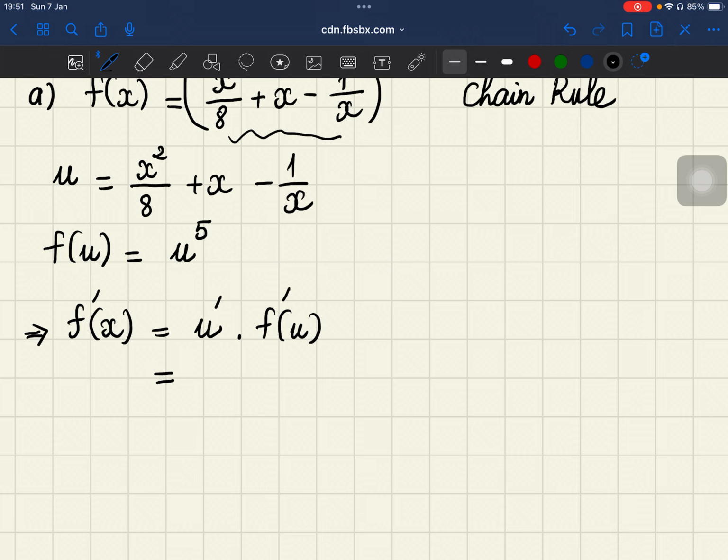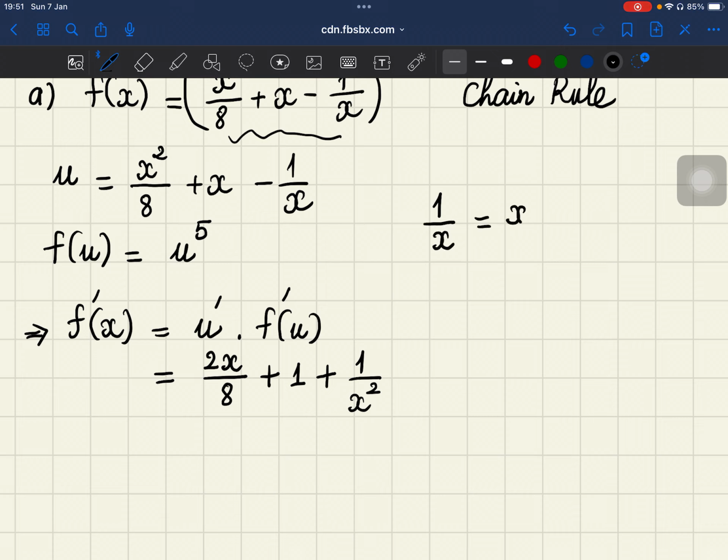So we have the first derivative of u is 2x over 8 plus 1 minus, negative 1, plus 1 divided by x squared. Why do I have that? Because we can see 1 divided by x is equal to x to the power negative 1.